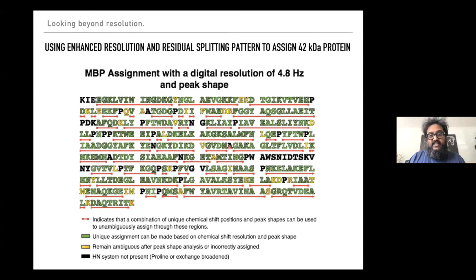Now, using that, we are able to get both the central frequency as well as the line shape. We're able to get about 98% of MBP assigned. There are still some problems over here where there's still some degeneracies even with this matching, but we're able to get a vast majority of them assigned from a single HNCA spectrum.